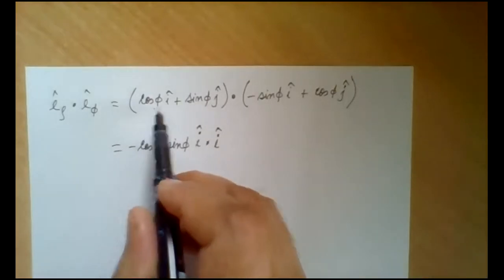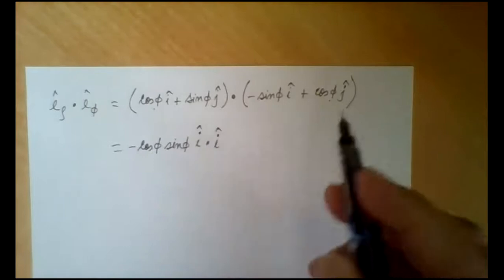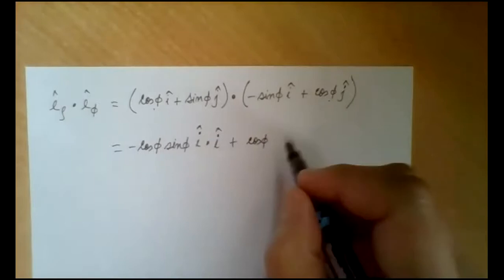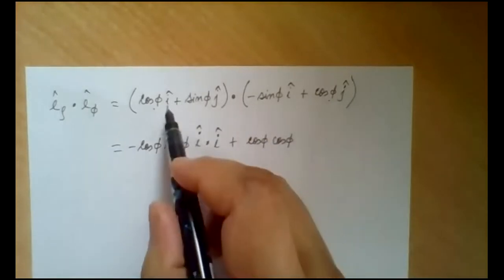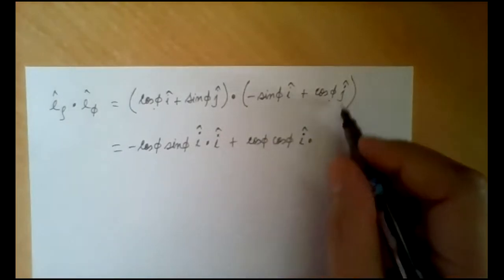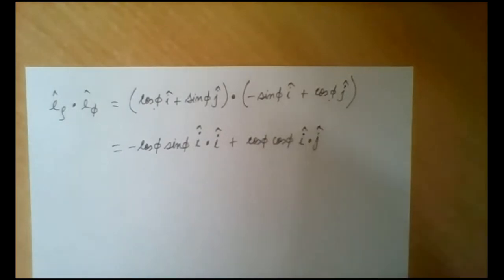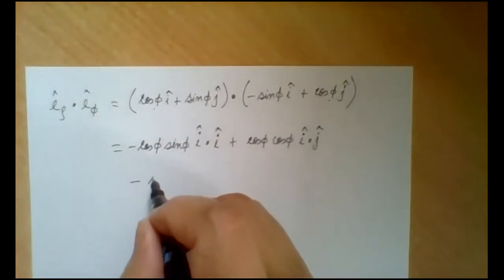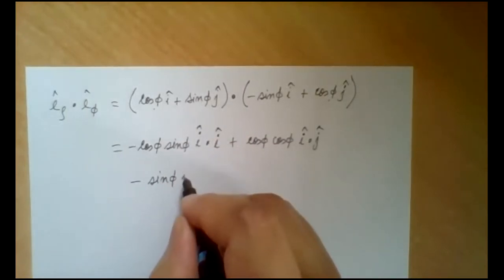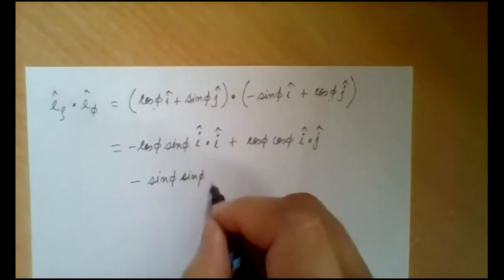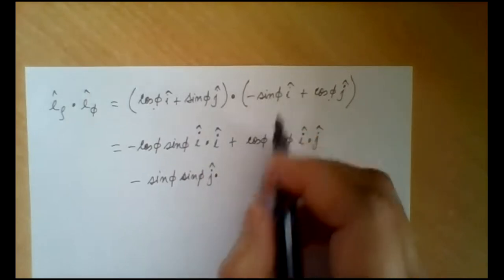Then cos phi i hat dot cos phi j hat. Then minus sin phi j hat dot minus sin phi i hat.